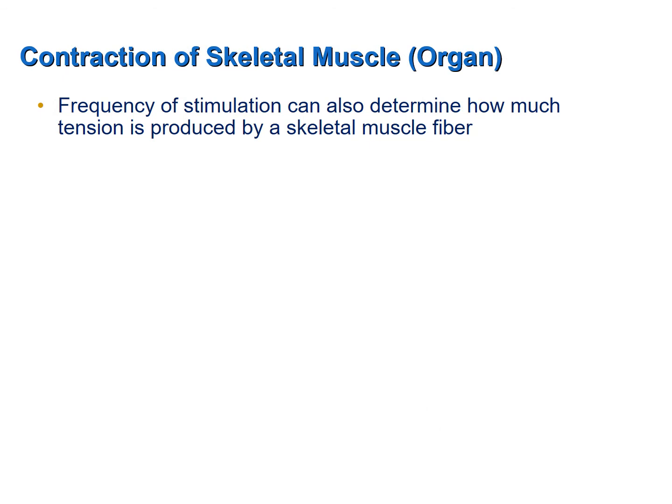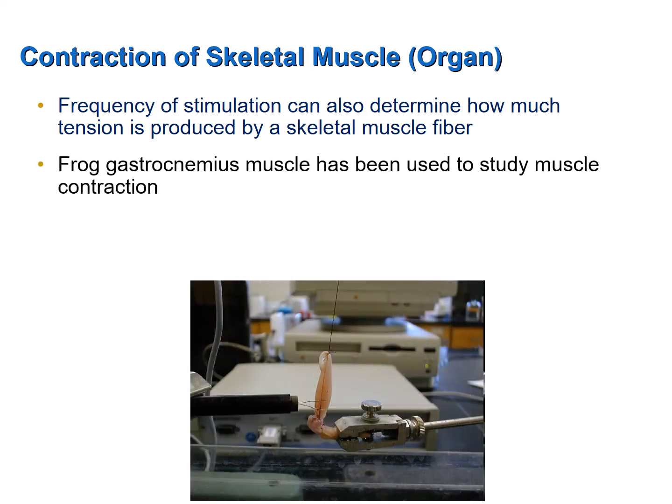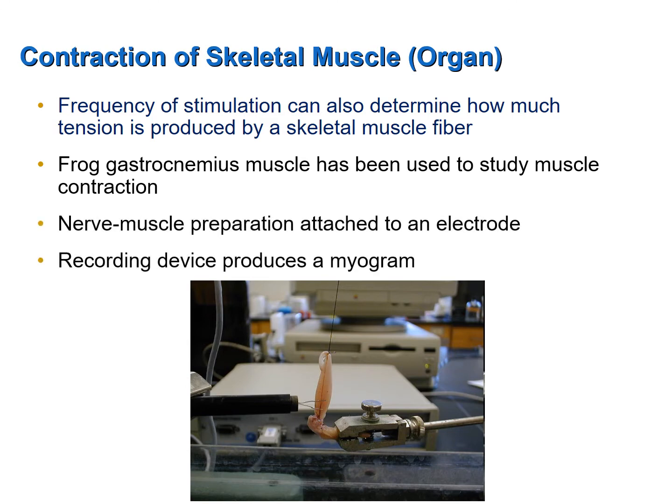Frequency of stimulation of a skeletal muscle fiber can also determine how much tension it produces. This has been studied in the lab using a frog gastrocnemius muscle. A preparation including a live gastrocnemius muscle, that's the calf muscle of a frog, with the nerves intact, are attached to an electrode.